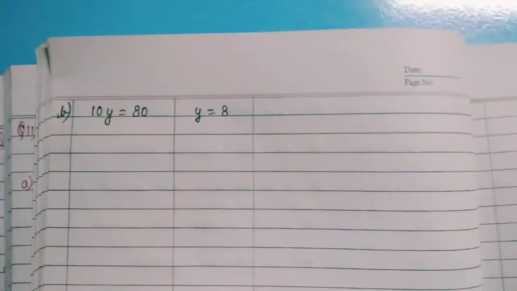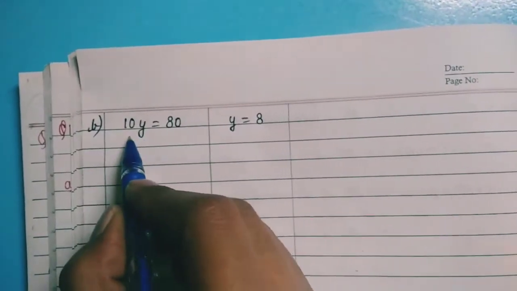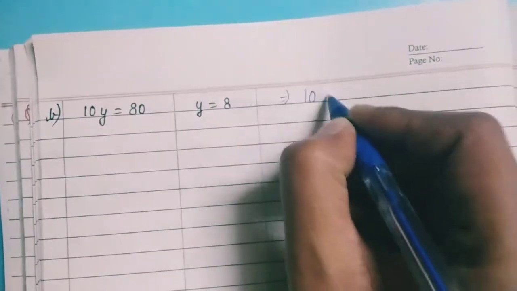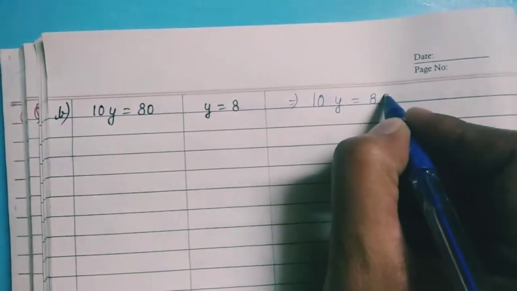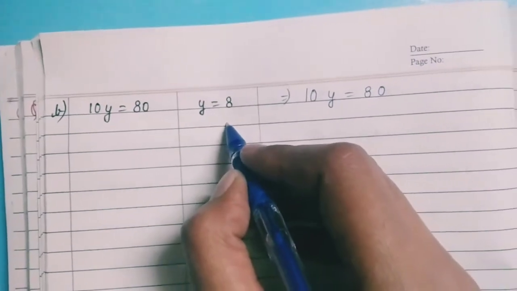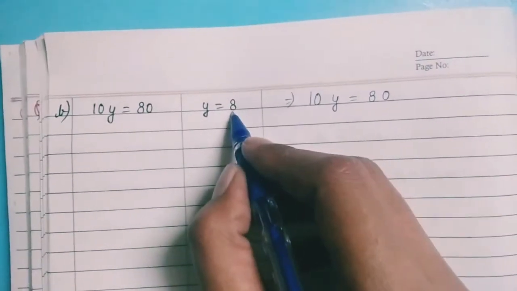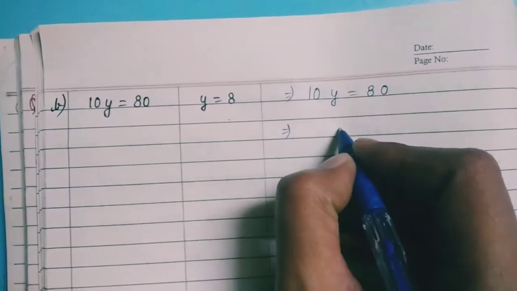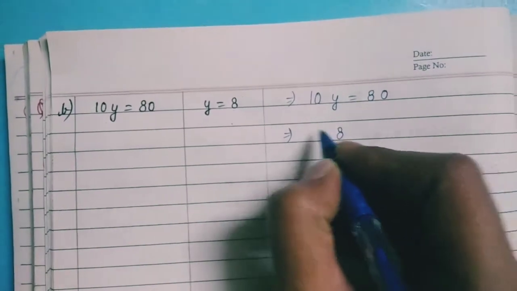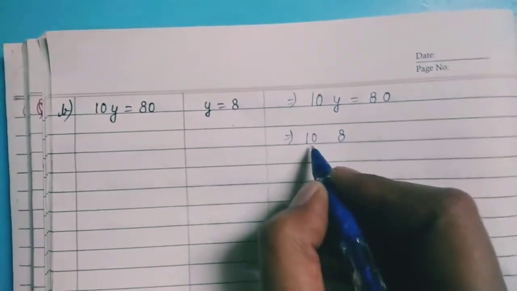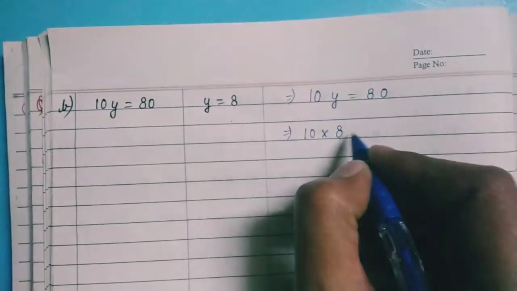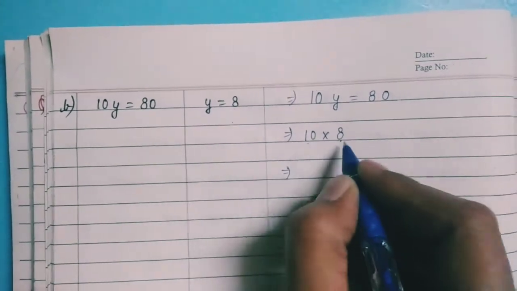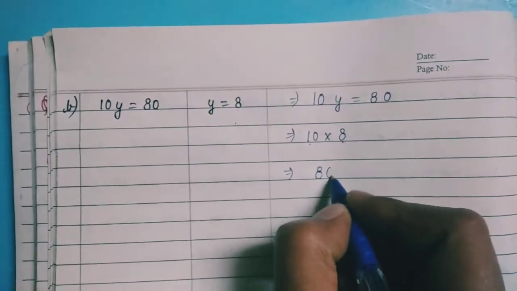Now B is telling us the equation is 10y is equal to 80. So here is the equation, 10y is equal to 80, and the value of the variable is 8. Variable is y, it means in the place of y what will we put? 8. And 10 as it is, and in between 10 and 8 what is the symbol? Multiplication. Is 10 into 8 equal to 80? Yes.